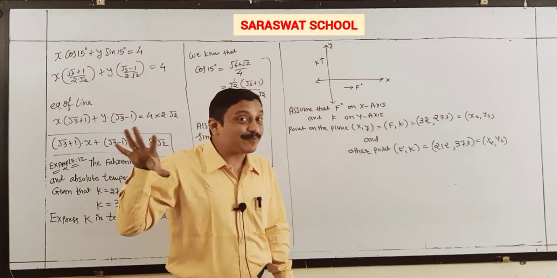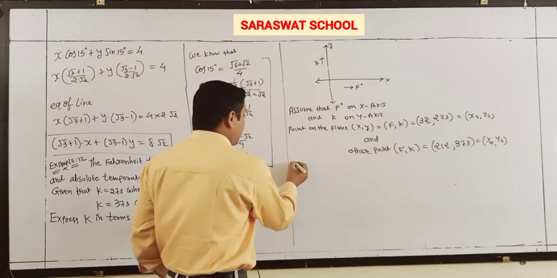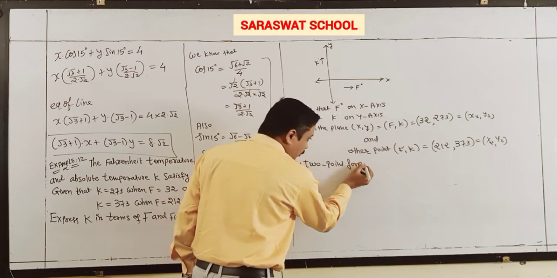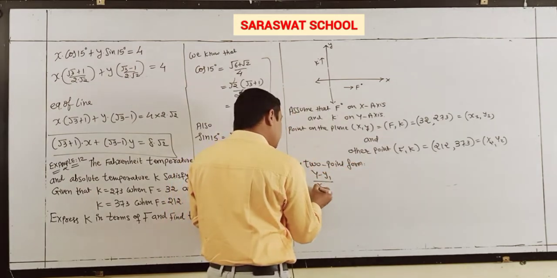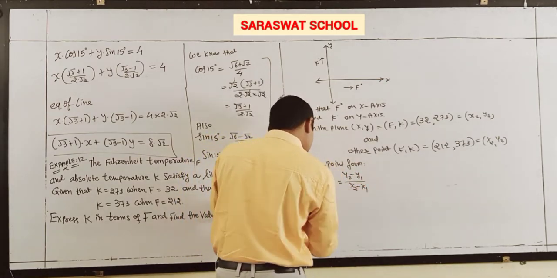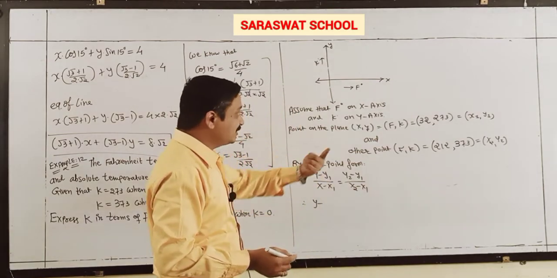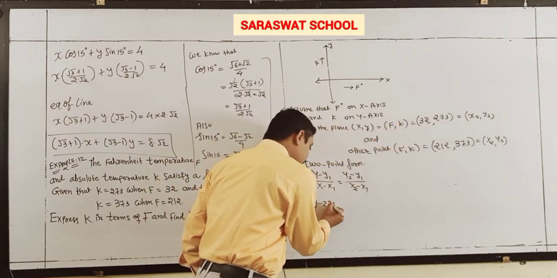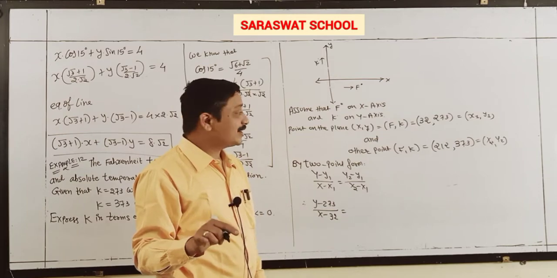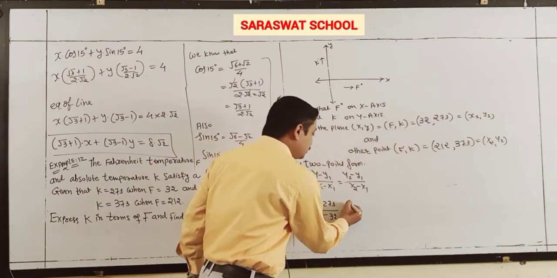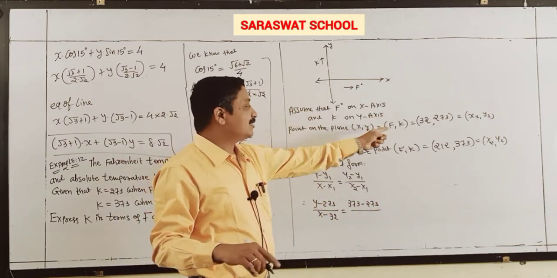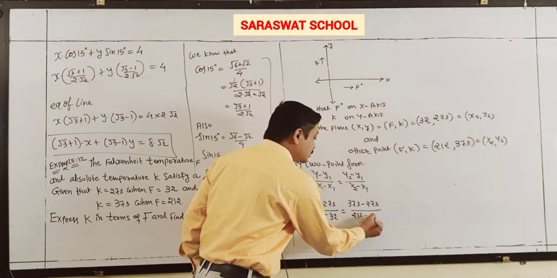Yes, you already know the various forms of the line. So by the two-point form, the known formula: y minus y1 by x minus x1 is equal to y2 minus y1 by x2 minus x1. y1 is 273, x1 is 32. y2 minus y1 is 373 minus 273, and x2 minus x1 is 212 minus 32.